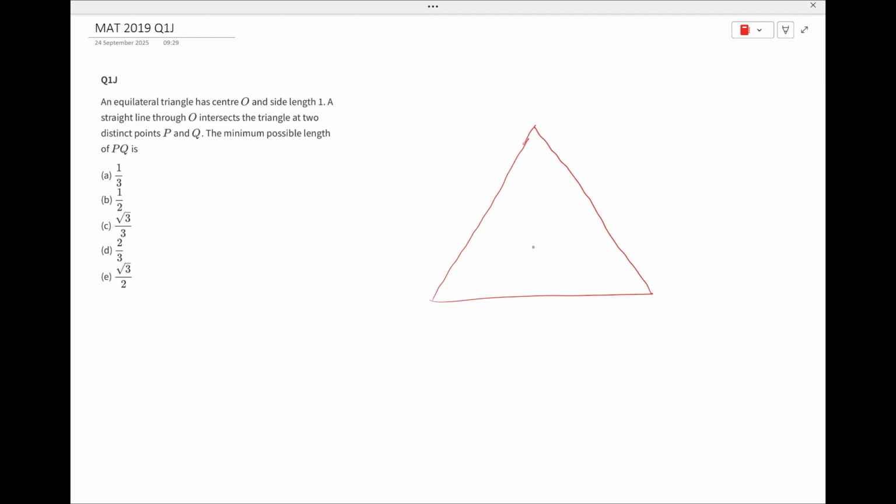Now, our center O. There's a little bit of very specific knowledge you need really to do this question, and that is the knowledge that if you draw a perpendicular from the corner to the opposite side, where they intersect is always going to be 2/3 along the length of that line.